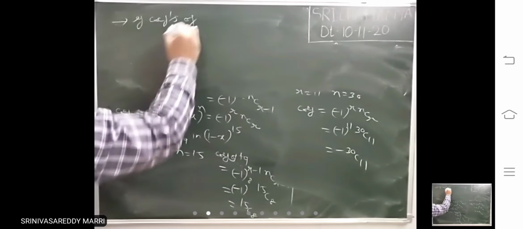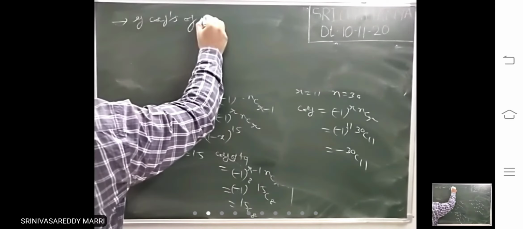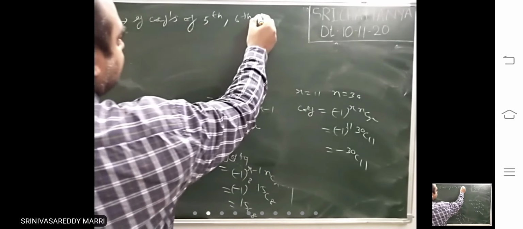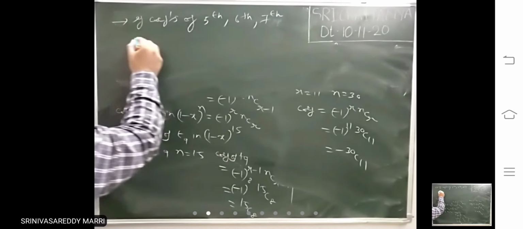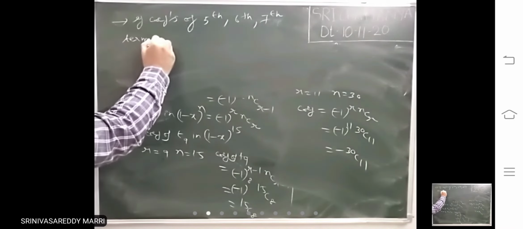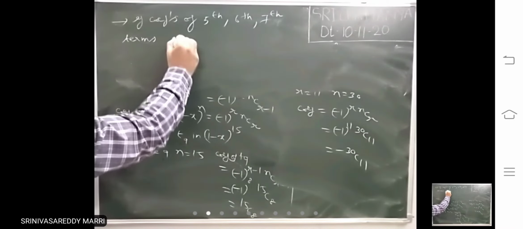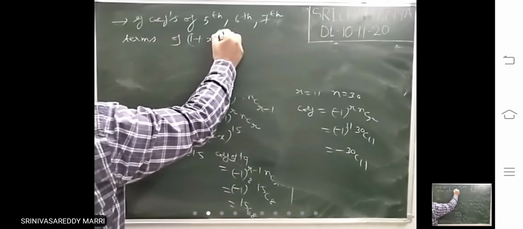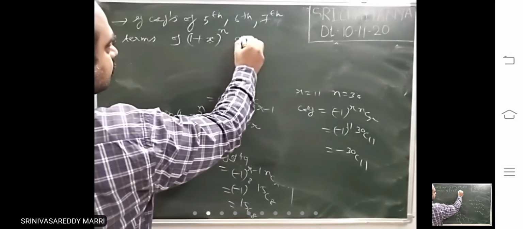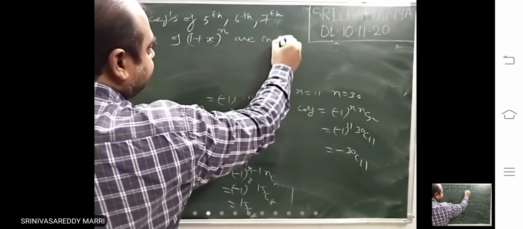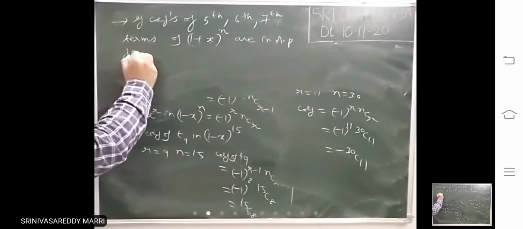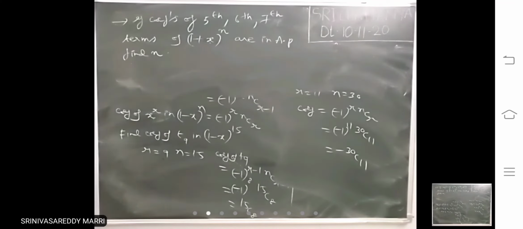If the coefficients of fifth, sixth, seventh terms of (1 plus x) whole power n are in AP, find n.